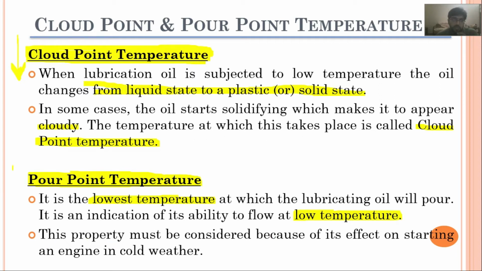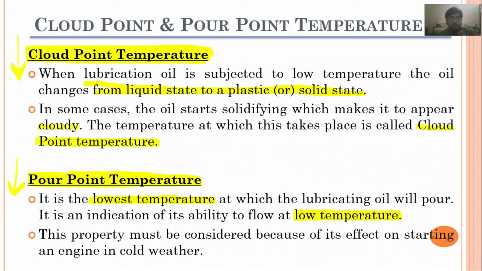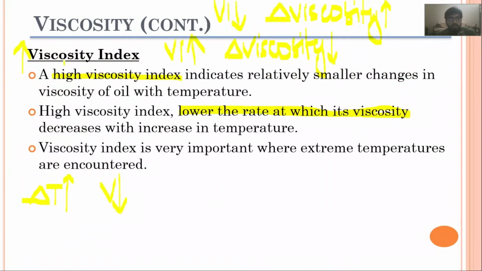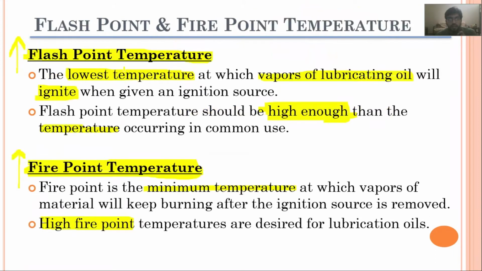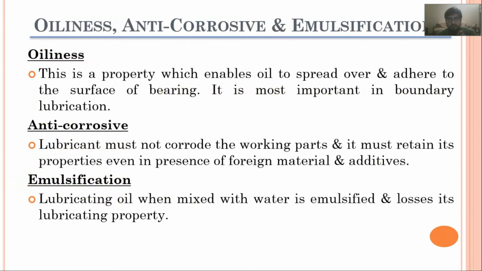So just like the cloud point temperature, the pour point temperature of a lubricating oil should also be very low. So far we have studied five different properties. The viscosity index should be high, flash point and fire point temperatures should also be high, while cloud point and pour point temperature should be low for an IC engine.